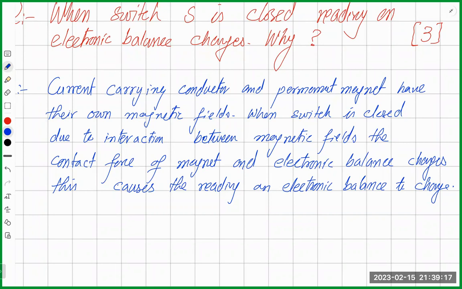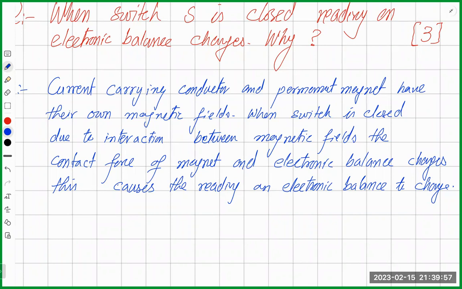Newton's third law, as mentioned by another student, says that when the magnet exerts a force on the conductor, then the conductor exerts a force on the magnet. If the magnet pushes the conductor up, then the conductor will push the magnet down. If the magnet pulls the conductor down, then the conductor will pull the magnet up.